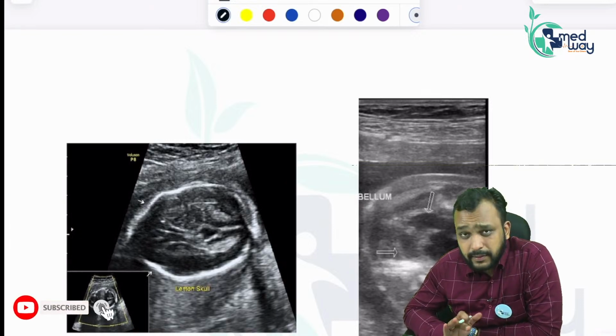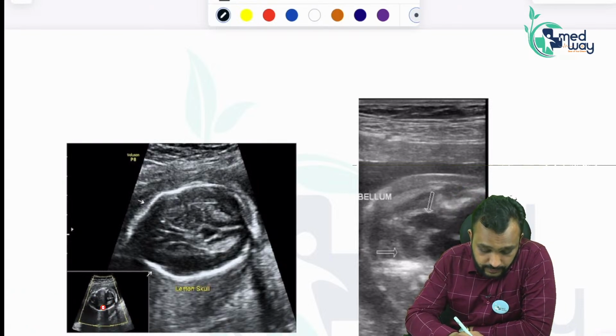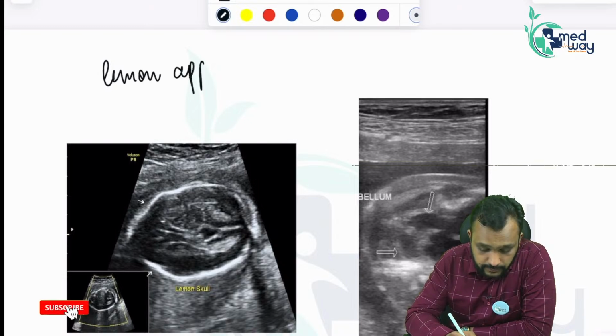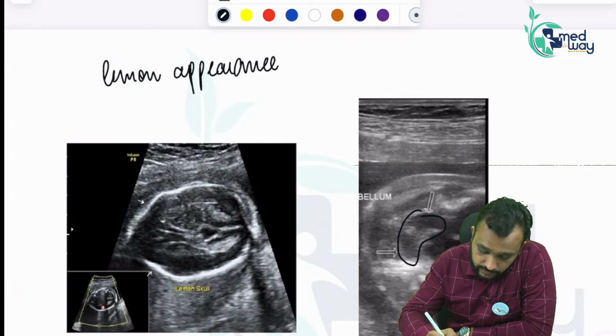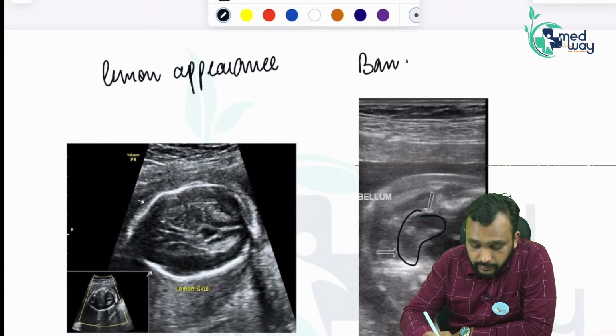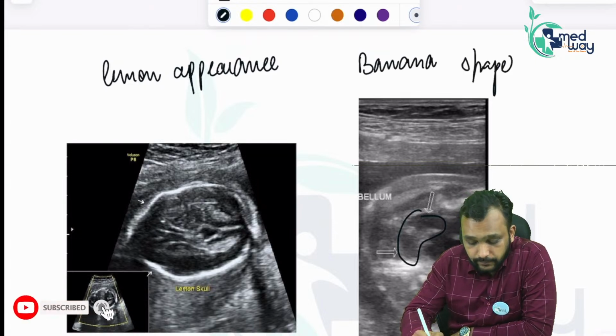Now, a few fruit-shaped appearances of the fetus. You have the lemon-shaped appearance of the skull, and you have banana-shaped appearance of the cerebellum.